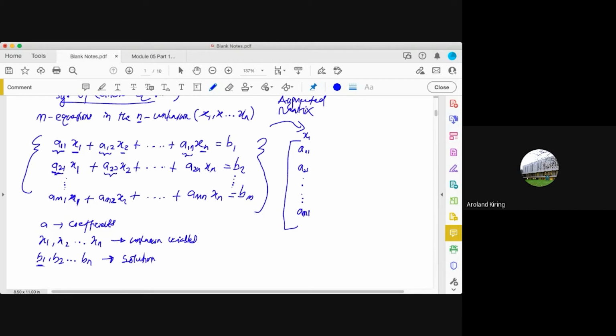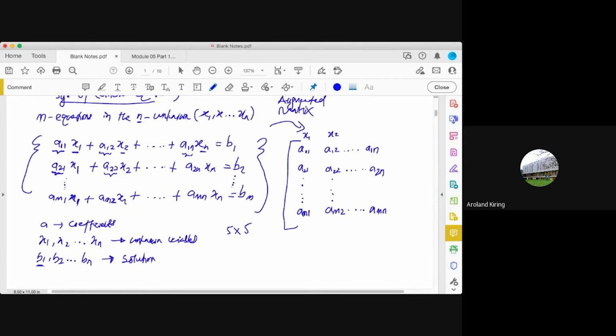So this is in terms of the matrix. For the x2, we have the coefficient located at row 1, column 2, and next is row 2, column 2, until you get AM2. These continue until you get A1N, A2N, and then AMN. MN is the size of your matrix. If you have 5 M and 5 N, you can expect your matrix to have a size of 5 times 5.